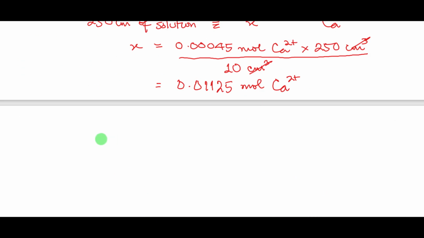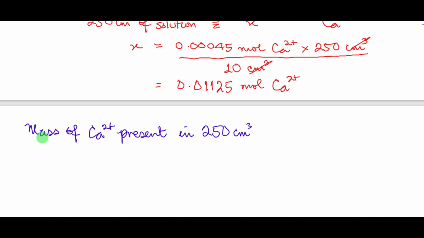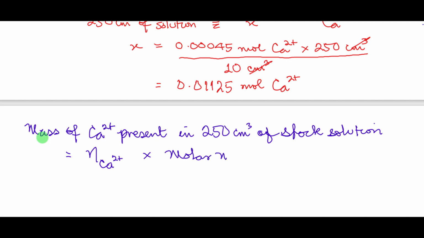All right, so from here we're going to calculate the mass of calcium ion present in 250 cm cube of the stock solution. It will be given as number of moles of calcium ion times the molar mass of calcium ion.